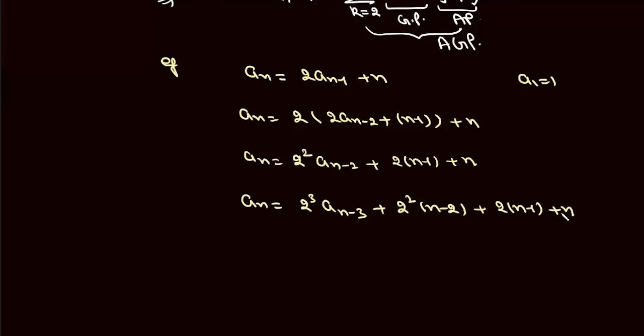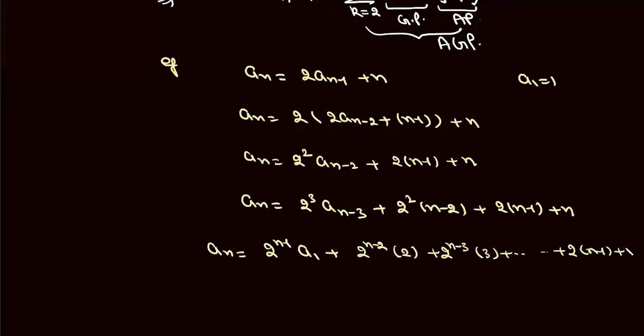And if we keep doing it for n times, we can simply write this as A(n) equals 2 to the power n minus 1 A1 plus 2 to the power of n minus 2 into 1, 2 to the power of n minus 3 into 2, up to 2(n-1) plus n.